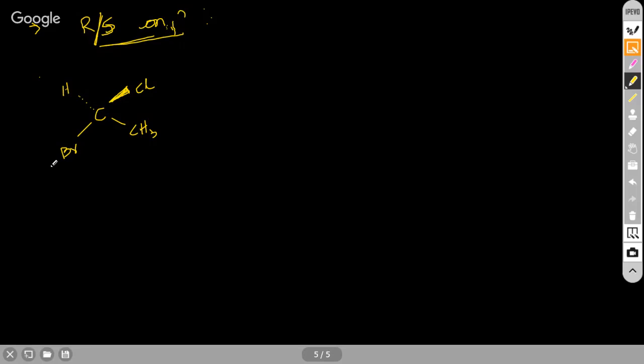This is the molecule. Obviously the molecule is optically active because it has only one chiral center. Now, to assign RS configuration in this wedge-dash representation, what is the condition?